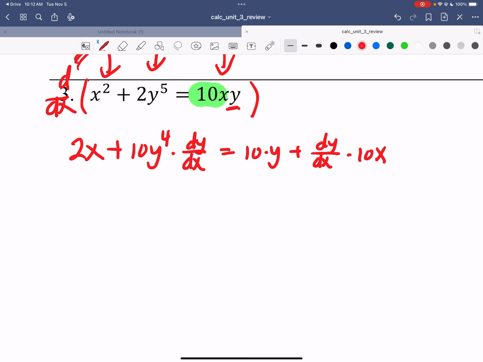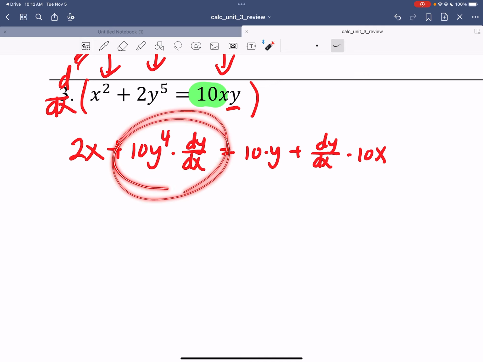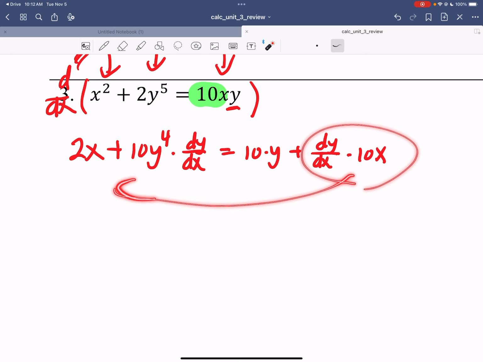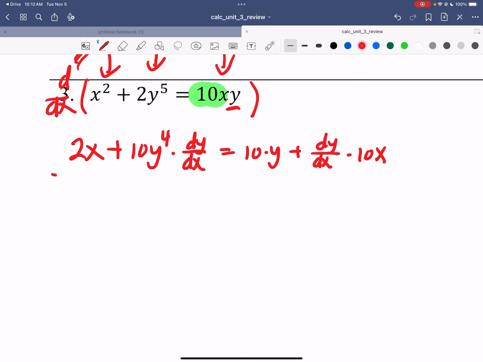Here we go. And as you know, we have to solve for dy dx. So this time I'm going to move this one to here, and then I'm going to move this one to here. So what I'm going to do is minus 2x, let me use a different color, minus 2x both sides. I got nothing to do with it.